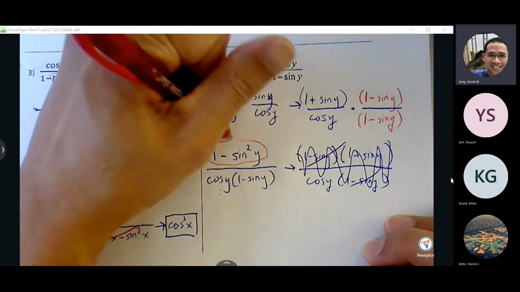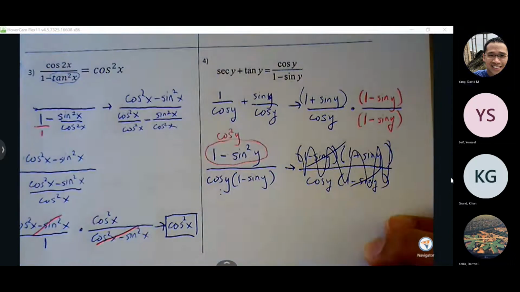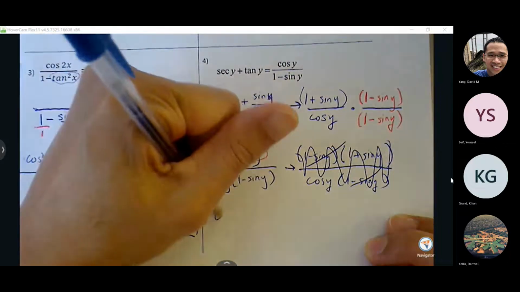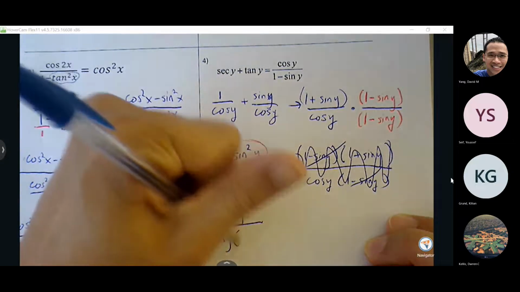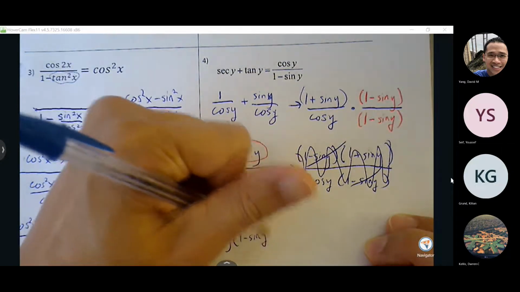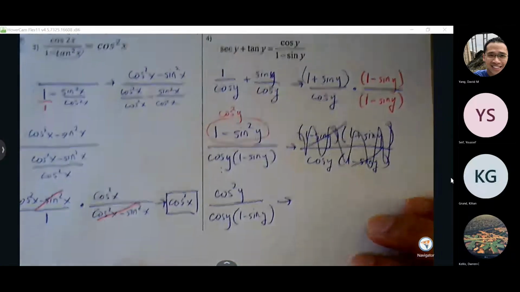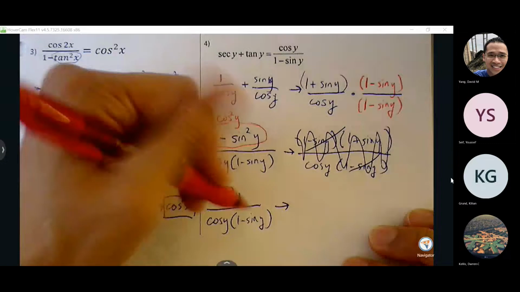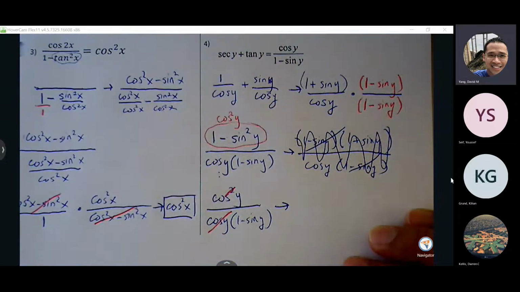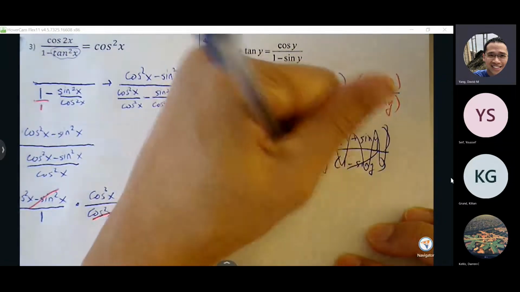Cosine squared. Okay, that's a better fit. Cosine squared, I can take one of the cosines out. So I'm still left with one cosine above, and there we have it. That's where we want to be.